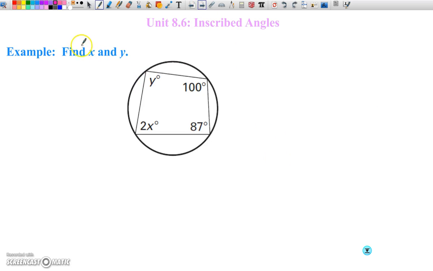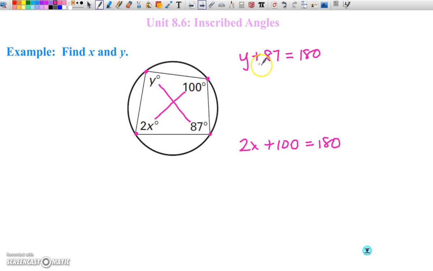So now looking at our next example, when you see that you have 1, 2, 3, 4 inscribed angles, we are going to work with opposites. So the y and 87 add together to make 180, and then our 2x and 100 also add together to equal 180.